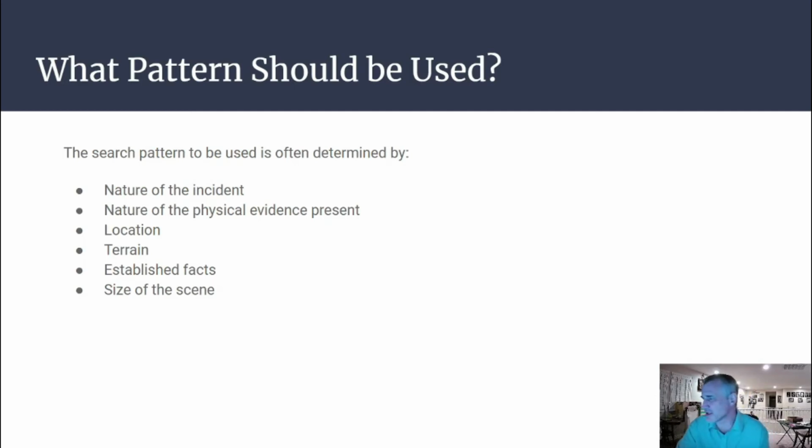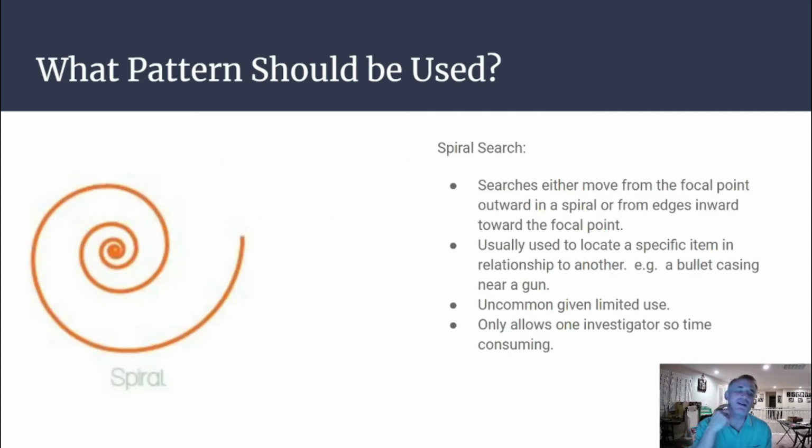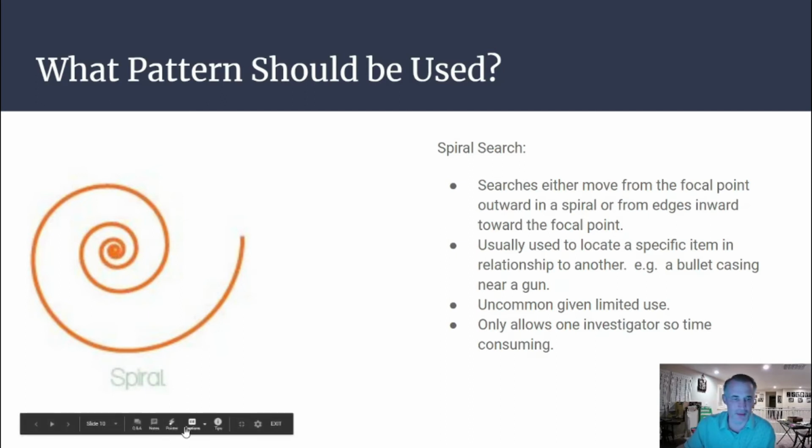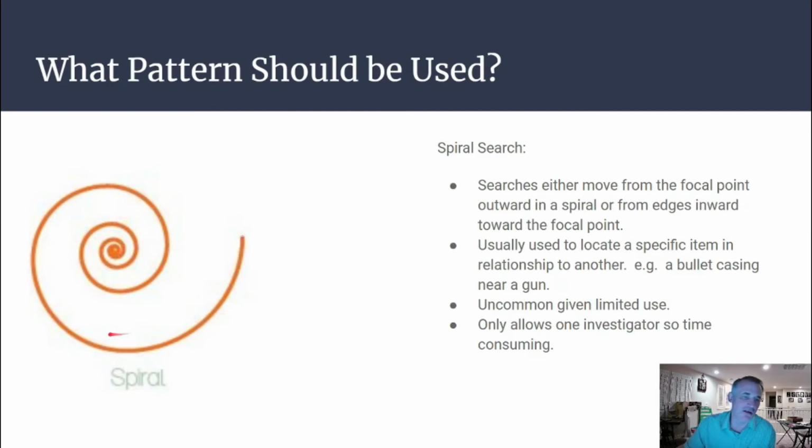So let's look at each of these patterns briefly, and we'll talk about their strengths, weaknesses, and when we might implement them. All right, we'll start with the spiral search. Spiral searches can do one of two things. Let me pull up my little pointer here, and I'll show you guys. They can be moving from the outside in towards the center of the scene. That's one method. But a lot of times it's actually just the opposite.